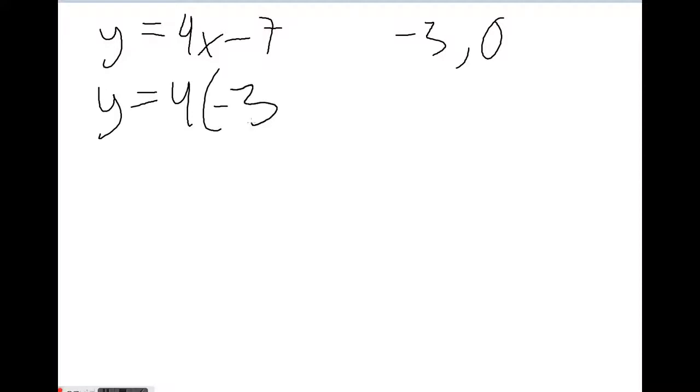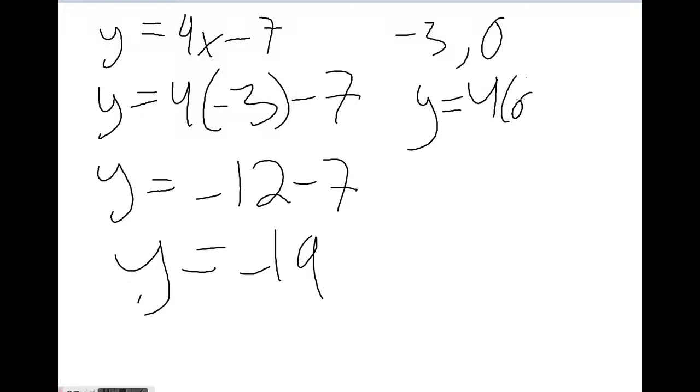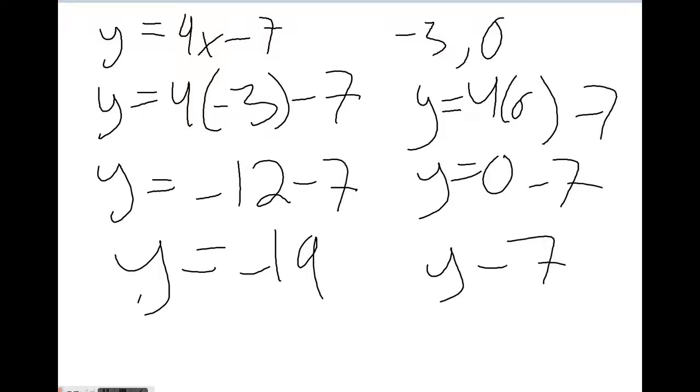So y equals 4, replace the x with -3, minus 7. That means y equals -12 minus 7. Y equals -19. Now we have to do the problem again with 0. Y equals 4 times 0 minus 7.